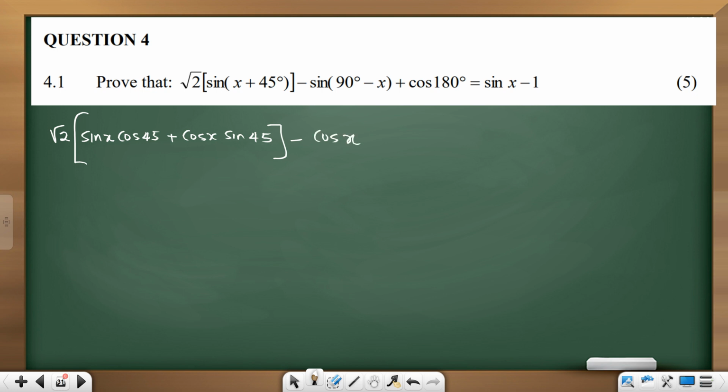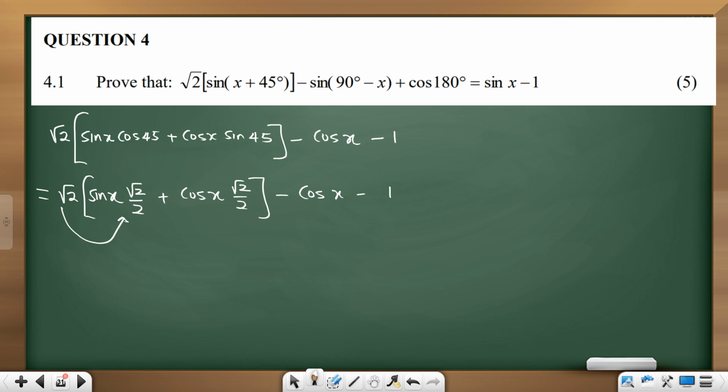What is cos 180? Okay. Now, this is algebra. Can we expand? Or before we expand, we have a special angle there. What is cos 45? Root 2 over 2. Plus cos x. What is sine 45? Root 2 over 2. Minus cos x minus 1.